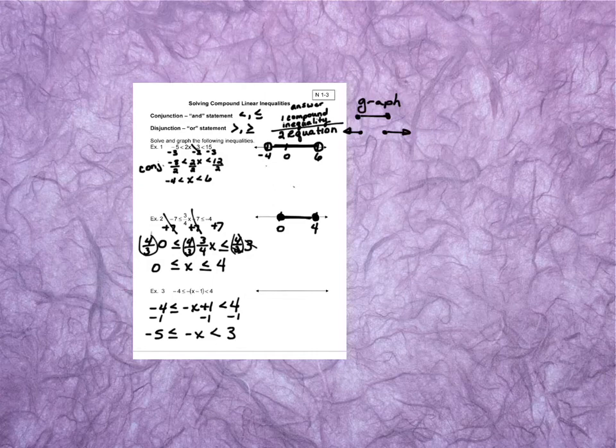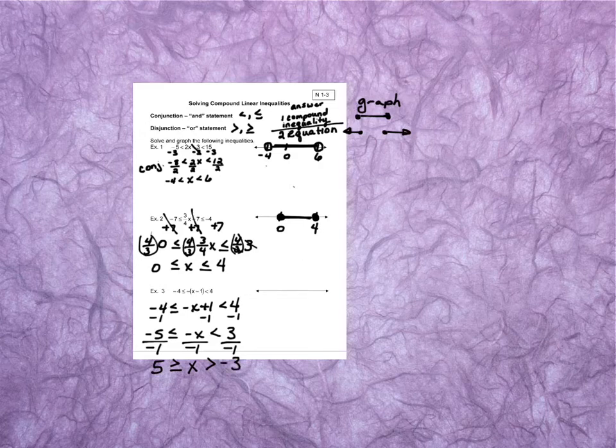Now in this case you're going to multiply or divide by -1 in order to make that a positive X, which gives us +5. Since we multiplied or divided by a negative, we have to switch the sign around. A positive X, reverse this sign, and that's a -3.